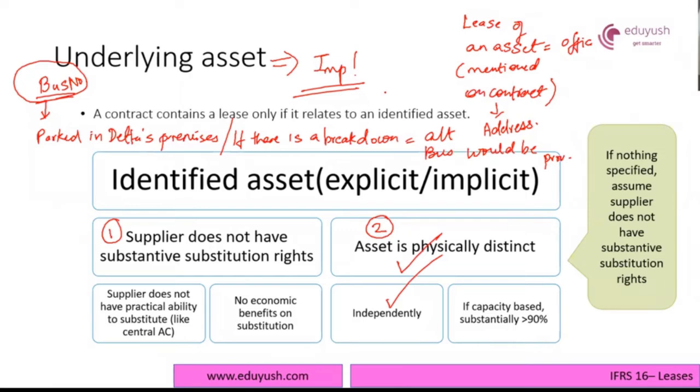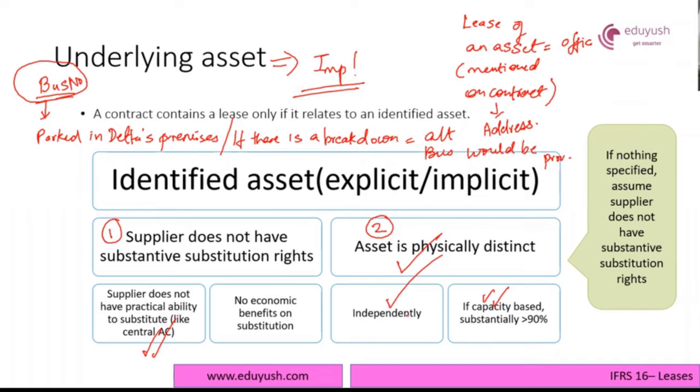Sometimes you have items like a central AC. If a central AC is on rent, then naturally it cannot be substituted. So those become physically distinct and cannot be substituted. But sometimes you have certain assets which are capacity based. Suppose there is a gas pipeline from which gas is coming into the factory of Delta. This is a contract between the gas company and Delta.